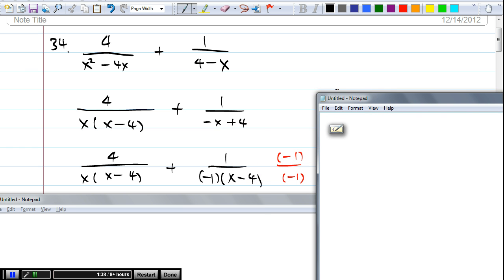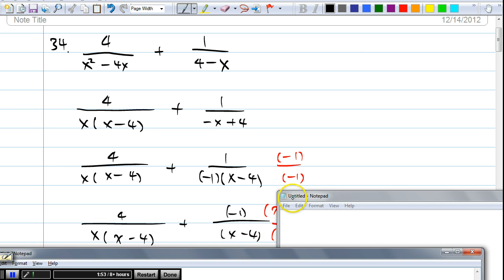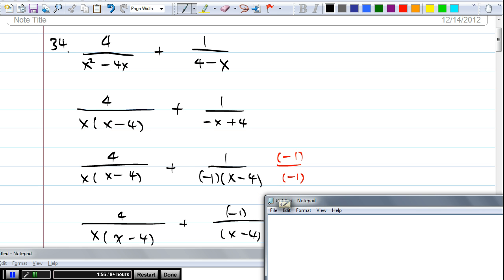Can I multiply a fraction by -1 over -1? Yeah. What's -1 over -1? 1. It just gets rid of the negative on the denominator. I don't want negative numbers on the denominator. So, as you can see, it simply becomes 4 over x times x minus 4, and -1 over x minus 4.